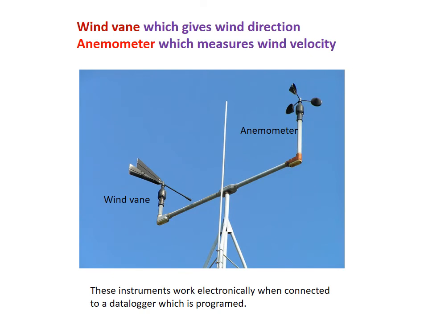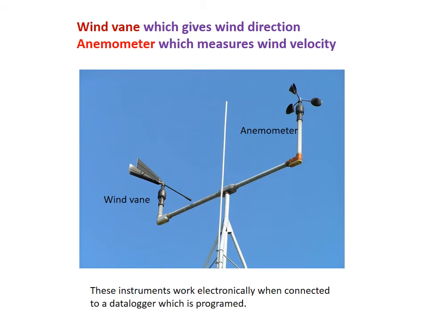This is a very modern wind vane, which gives the wind direction, and an anemometer, which measures the wind velocity. The wind vane is fixed on the pole, and as the wind direction changes, the whole thing rotates on the center of the pole.